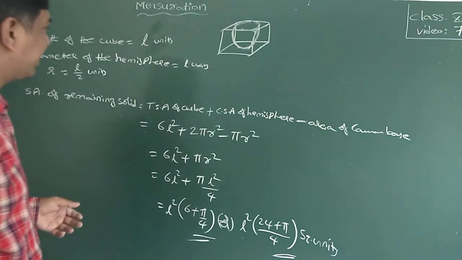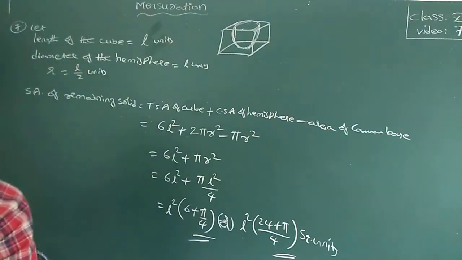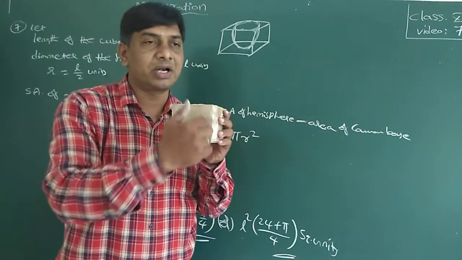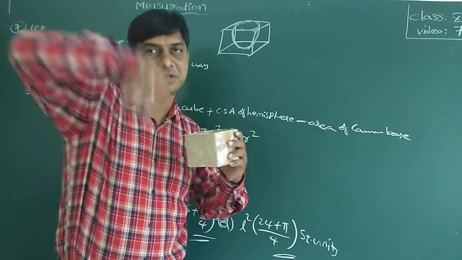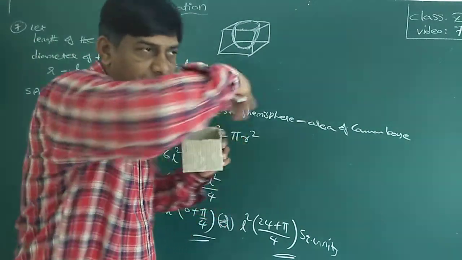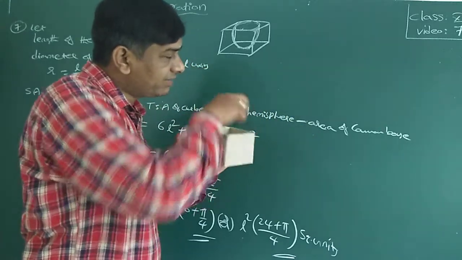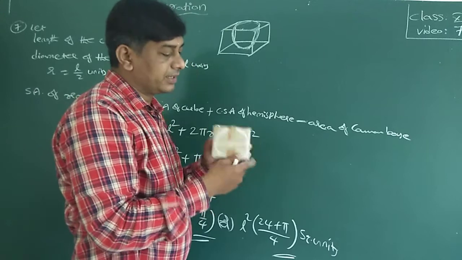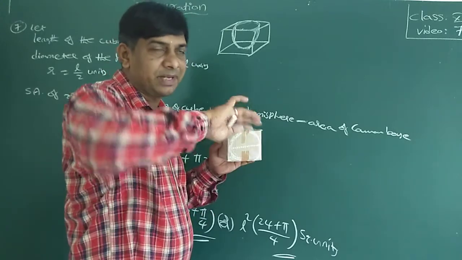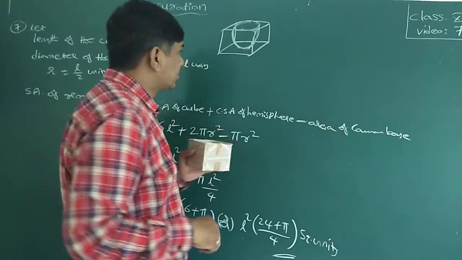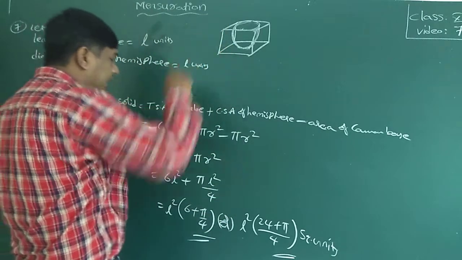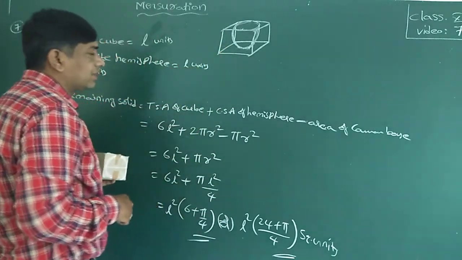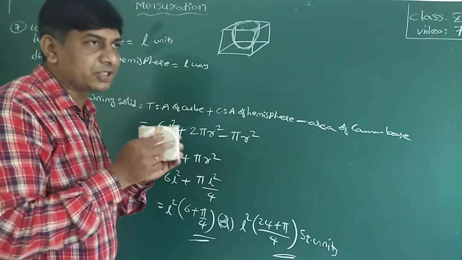For the surface area of the remaining solid, you are cutting out a hemisphere from one face of the cube. When you scoop out the hemisphere, there will be a hemispherical mark inside it, and this common circular base portion will be taken out. Why are you including this?